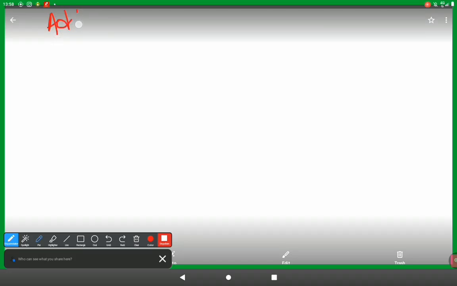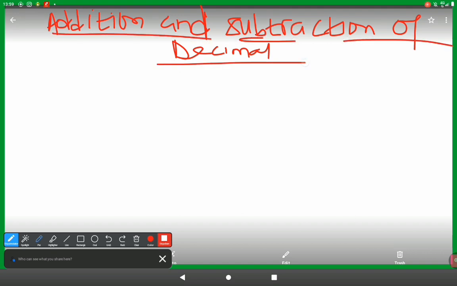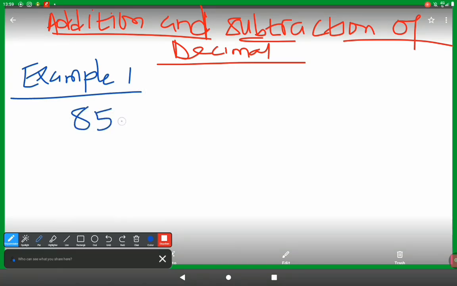So addition and subtraction of decimals. Alright, example 1: 85.29 add 2.5.